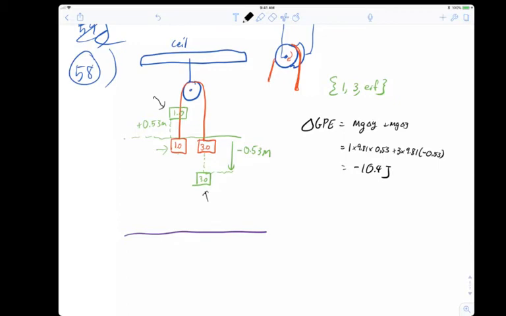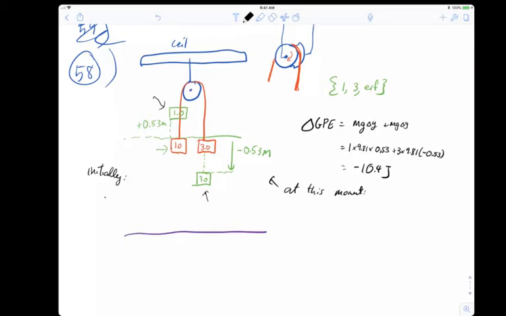Okay. At this moment, the total energy. So initially, the total energy is 0. Well, okay.